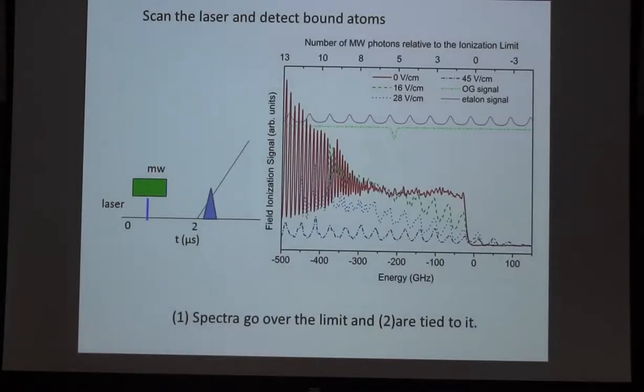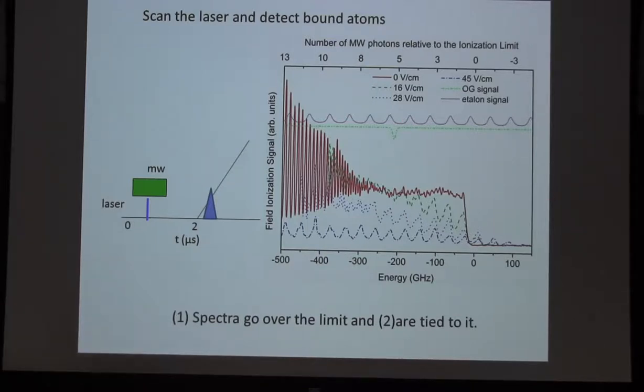So what you observe is seen here. If you have no microwaves at all, you get the red trace, which is the Rydberg states, and then at the limit, of course, there's nothing detected, because we're detecting the bound atoms. So there are no bound atoms here. The free electrons created at this photon energy disappear during this time.